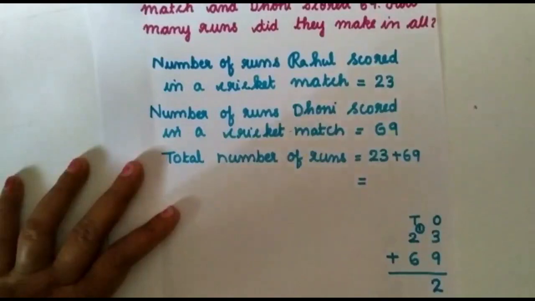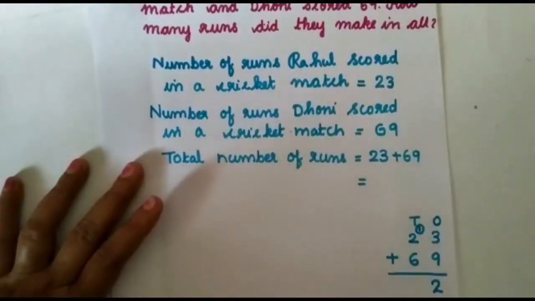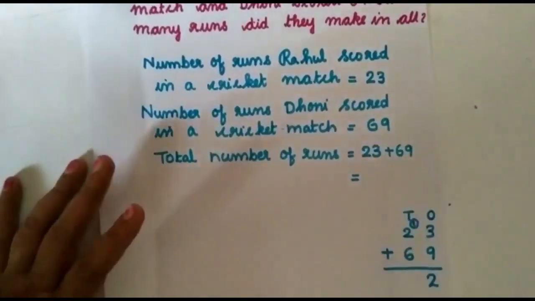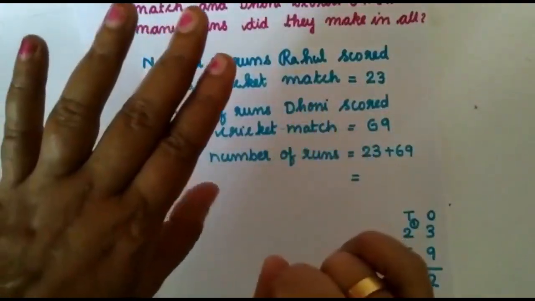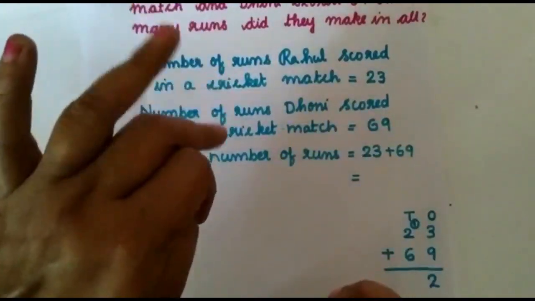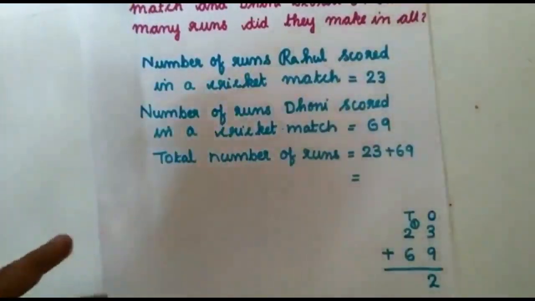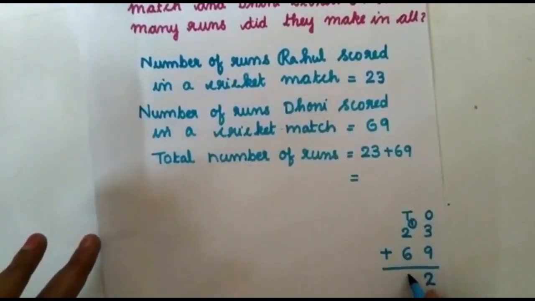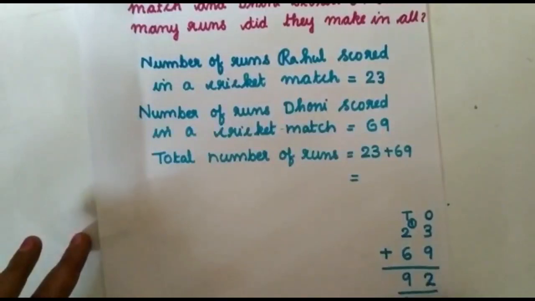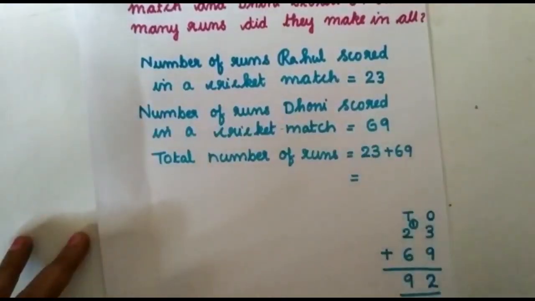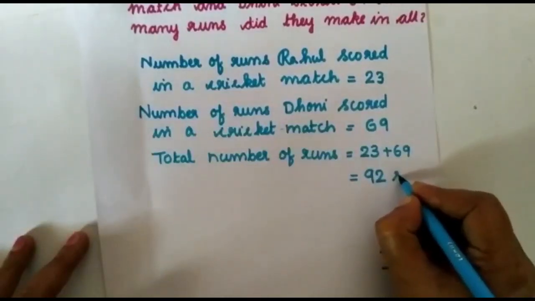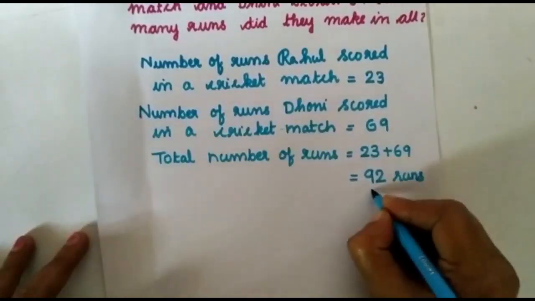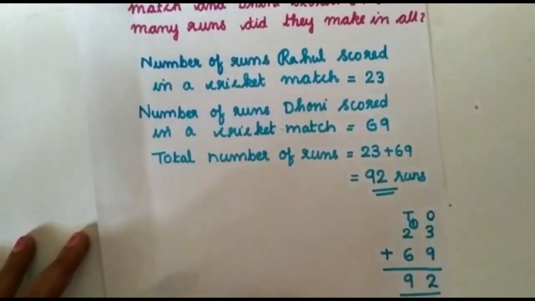You keep 3 in your mind and then take 6 in your hand. 3, after that 4, 5, 6, 7, 8, 9. So 23 plus 69 equal to 92 runs. Did you understand?